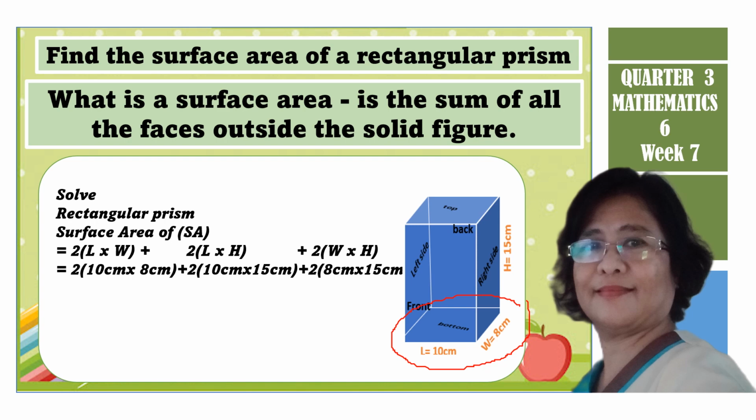So for the front and the back, the given is the length and the height. So our height is here. So we have 10 centimeter times 15 centimeter. For the width and the height, we have 8 centimeter and 15 centimeter. So just multiply.